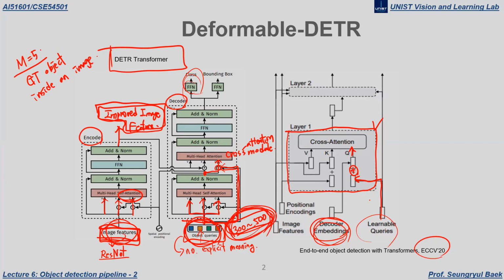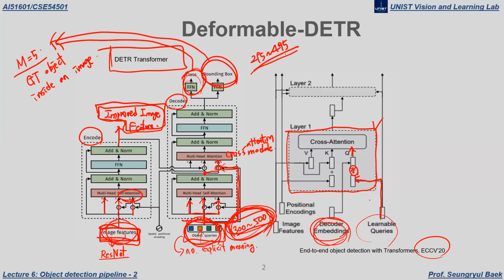Then among these 300 to 500 object queries, their output needs to estimate this ground truth object, and the rest of them are mapped to background. So among these, most of them are mapped to the background, while some of them are mapped to the objects inside an image. Okay. So this is happening in the DETR algorithm.